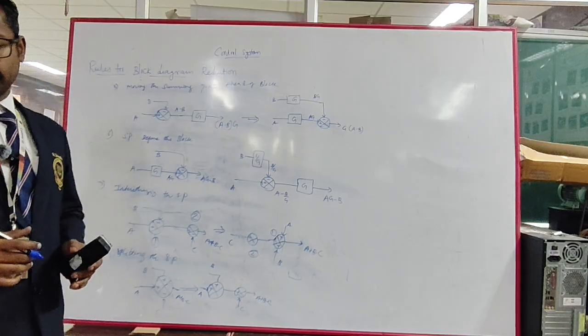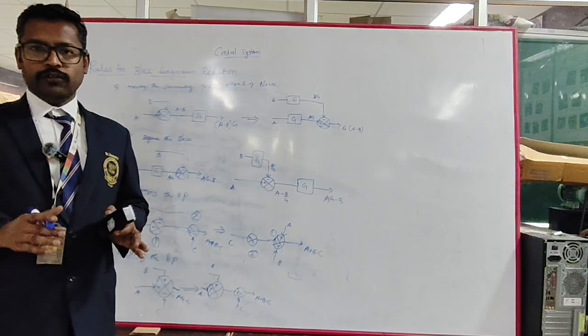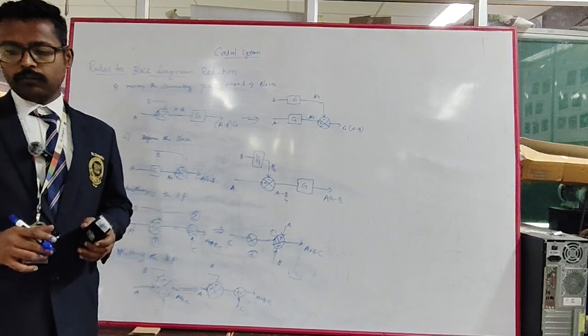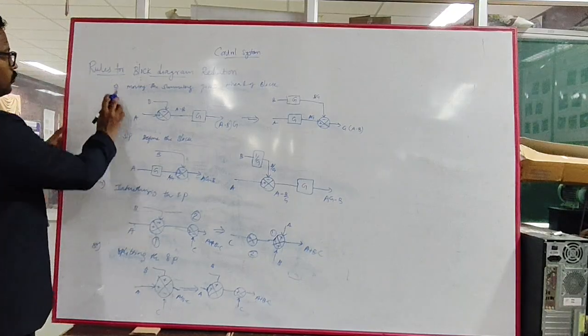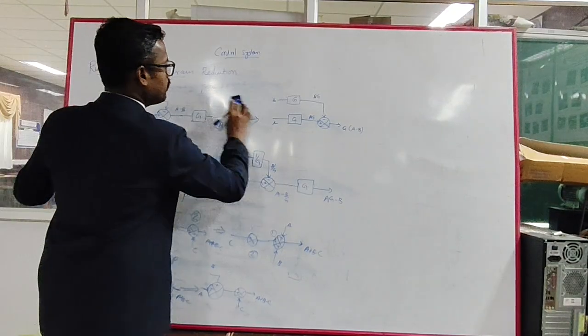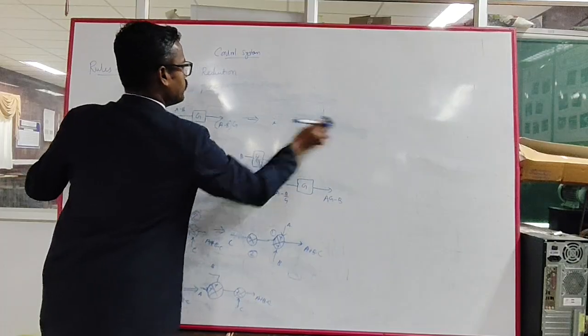And the next important thing is positive feedback and negative feedback, which is very important in the reduction of the block diagram. We have to derive the gain.